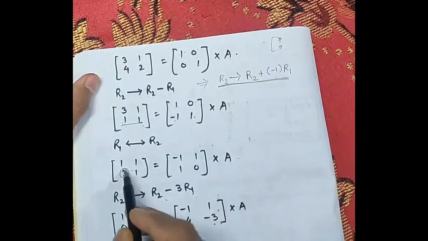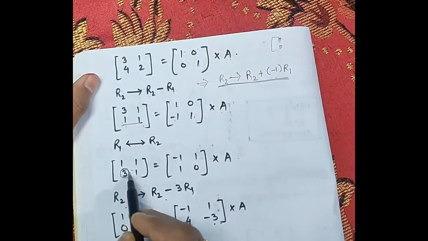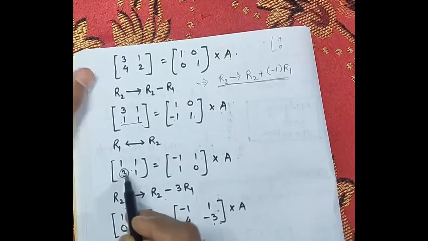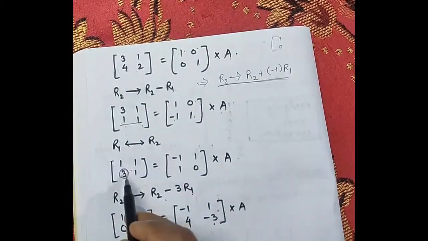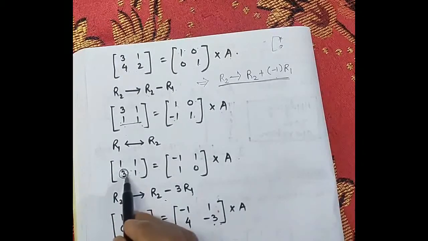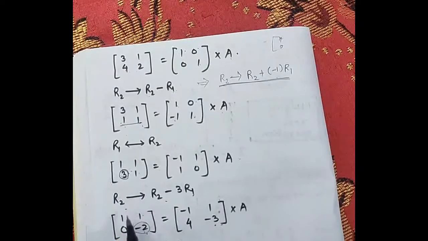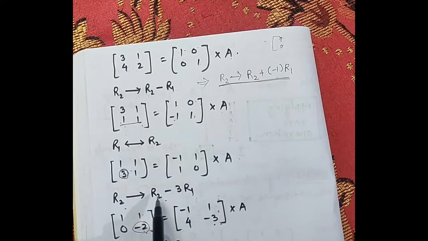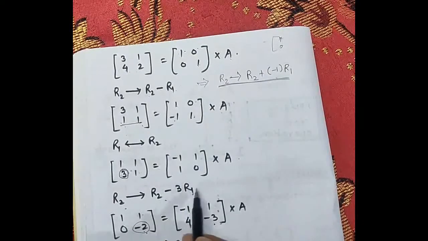Next target is we have to make this 3 into 0, because we have to make 1, 0, 0, 1. So we have to convert this 3 into 0. How can we make it? If you multiply 3 with row 1 and subtract from row 2, that means row 2 we are changing by R2 minus 3 into R1.